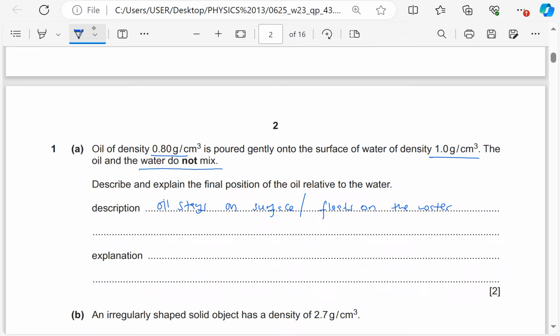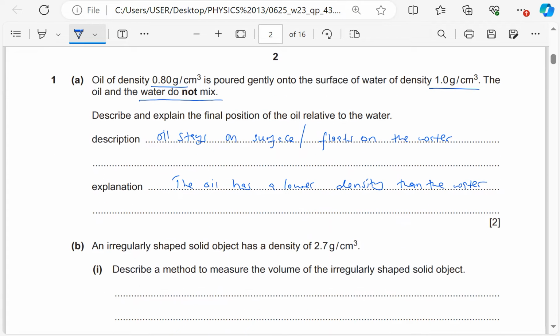So the explanation: the oil has a lower density than the water. Because oil has a lower density, it is going to remain on top.